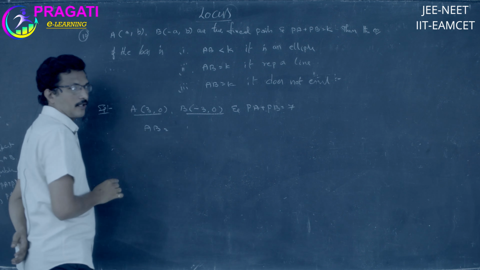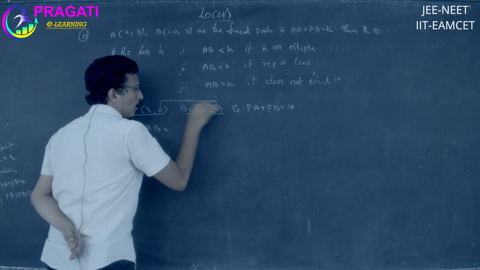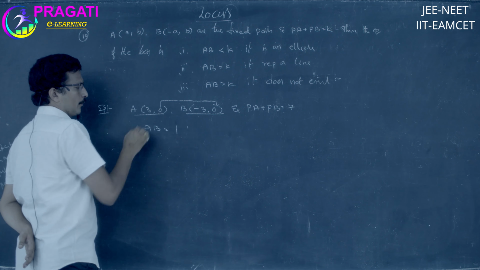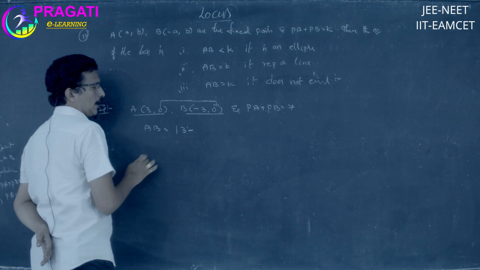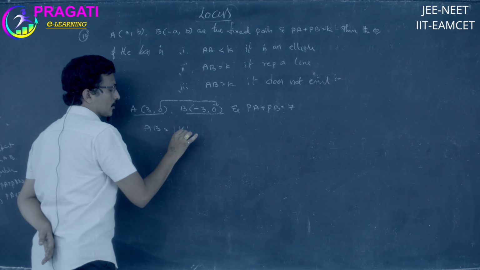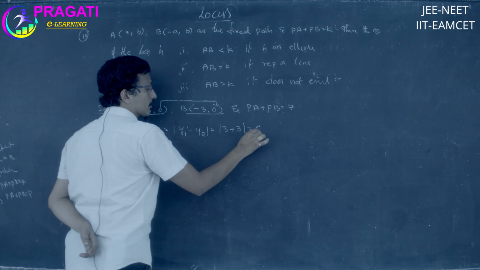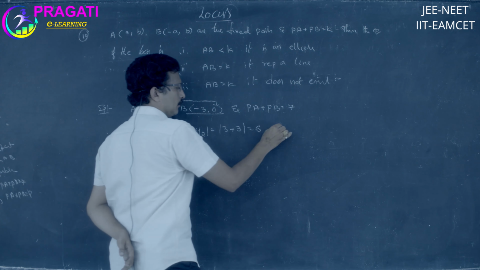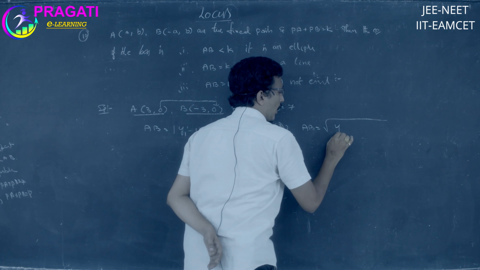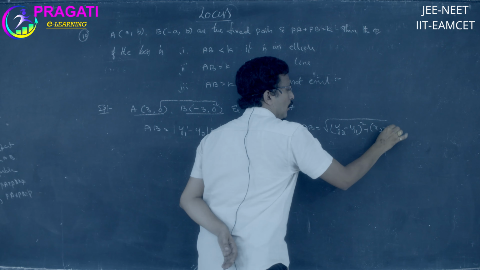The distance between these two points: here the y coordinates are the same, so the distance between the two points is modulus of y1 minus y2, that means 3 plus 3 is equal to 6. Or to find AB, the distance between the two points, the formula is square root of (y2 minus y1) whole square plus (x2 minus x1) whole square.